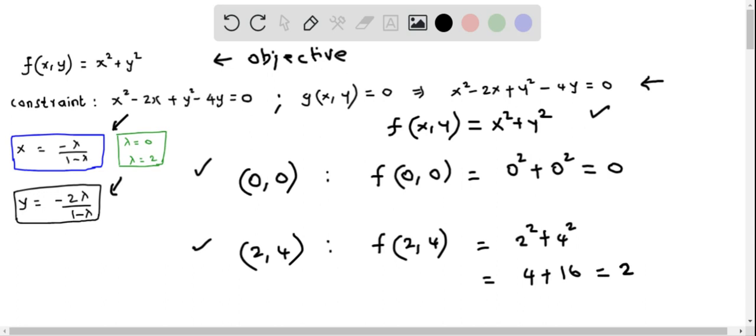So this gives 20. And clearly, comparing 0 and 20, 0 is the minimum and 20 is the maximum. So the maximum value of this function is 20, and the minimum value of the function is 0.